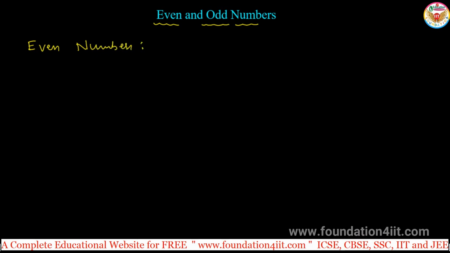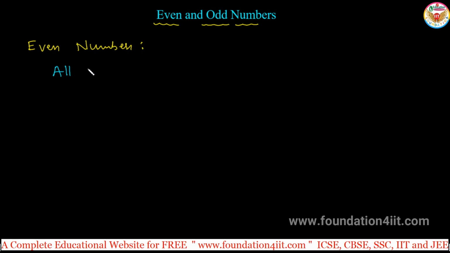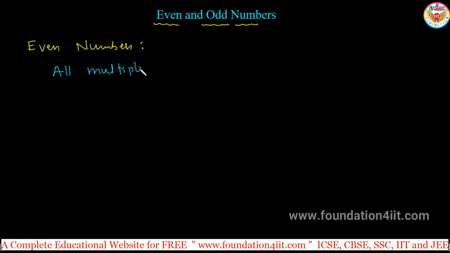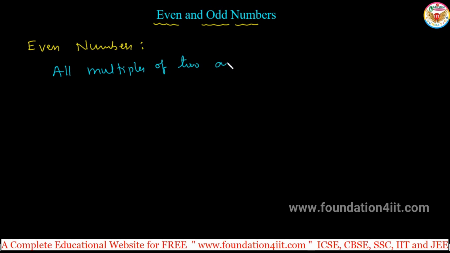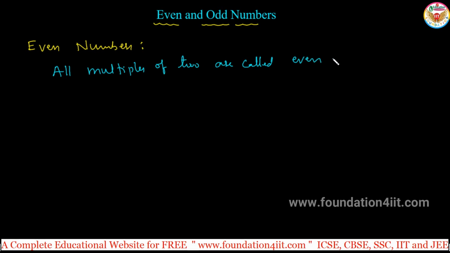When you come to even numbers, all multiples of 2 are called even numbers. We discussed multiples, no? So all multiples of the number 2 are called even numbers.